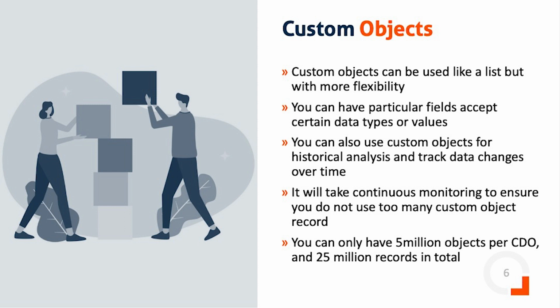And we have seen some of our clients who have custom objects with literally billions of records, and this can be a real headache trying to clean up and fix, because with the nature of custom objects, it's not really easy to come back around and clean those up.